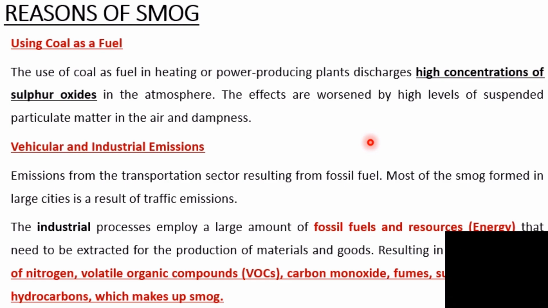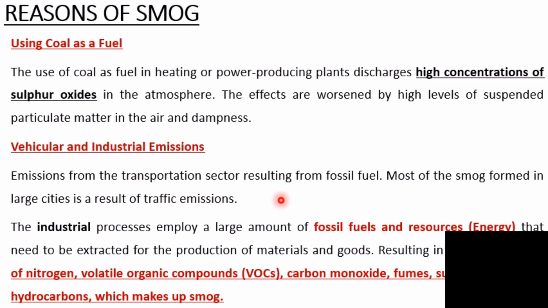So when you have big power plants, and there is burning of fossil fuels in those power plants, the effect will be even worse when you have a high level of suspended particulate matter in the air, and dampness. So when the climate is also very dull, all three in combination will create smog. And vehicular and industrial emissions, that is the second reason.